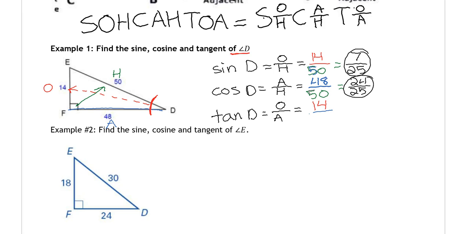My adjacent side is 48. Again, I always want to reduce my fractions. 14 over 48 is 7 out of 24. And that's it for example 1. So you're really just labeling your sides and then writing those fractions. It's a little bit like what we did last unit, the side divided by the side. We're still writing ratios of sides.